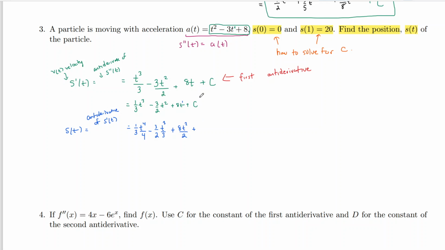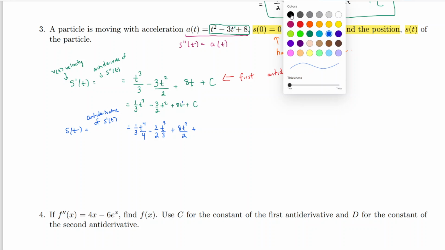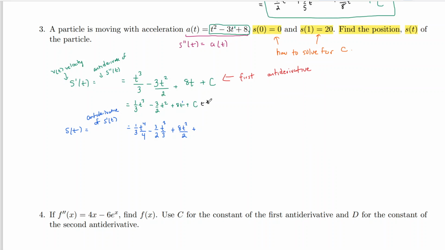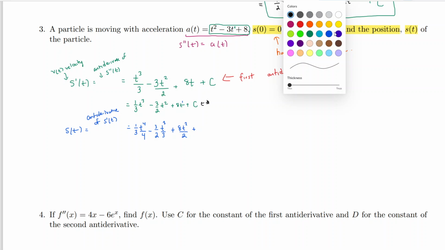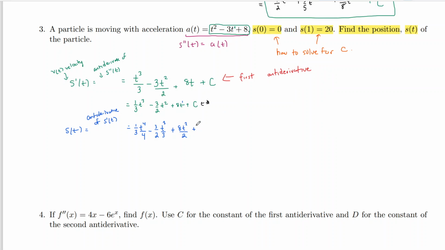Now here's what might trip you up a little bit, but you have to remember what c is. C is a number. And what's the antiderivative of a number? It's a number times the letter, just like we did with 8 at the beginning. So this is actually c times t.